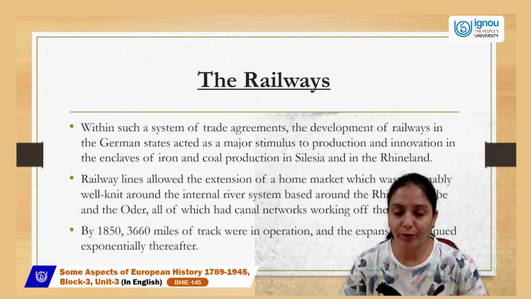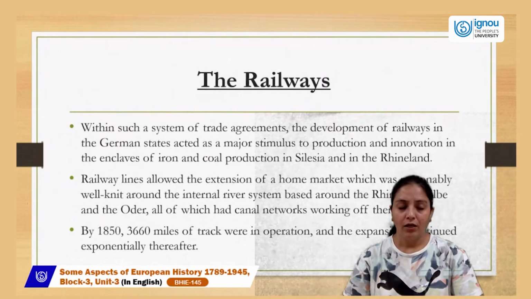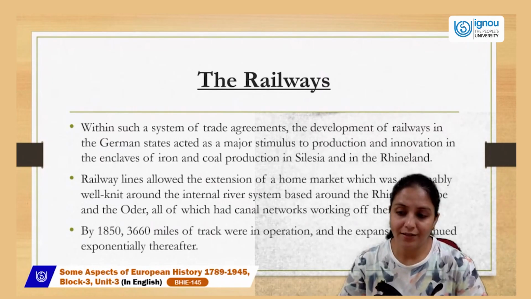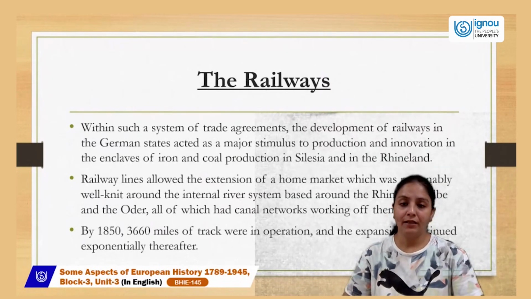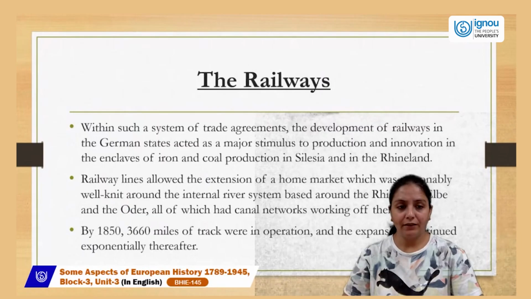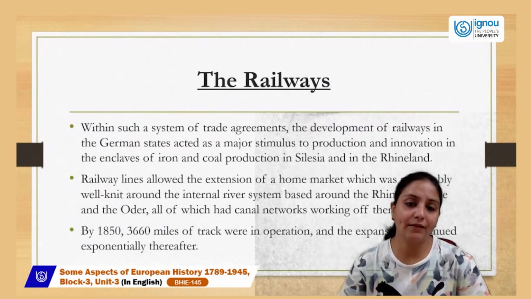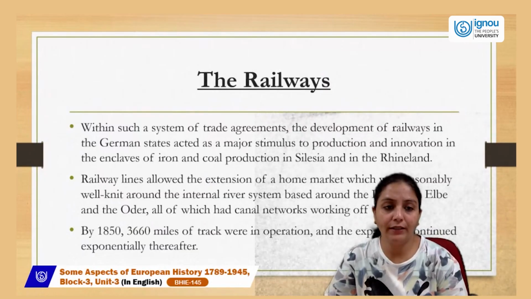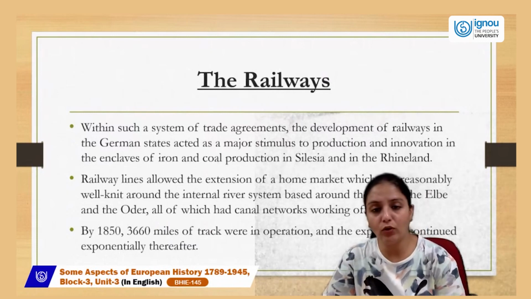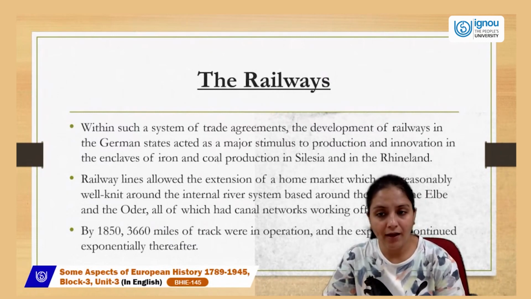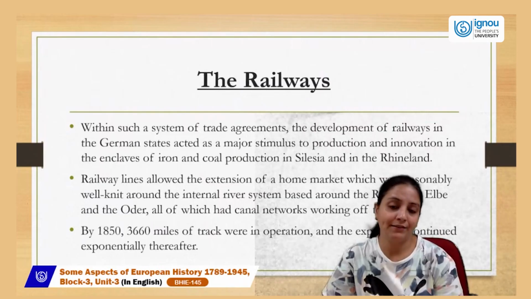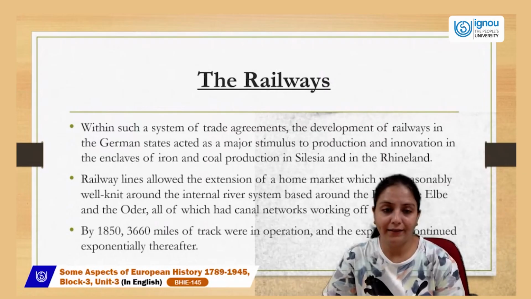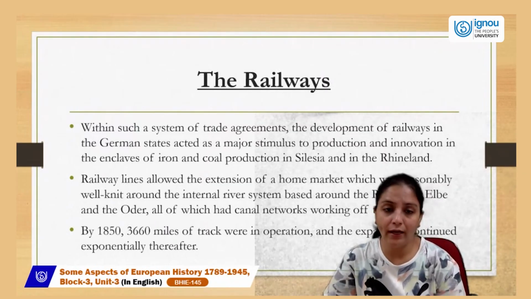Number one, within such a system of trade agreements, the development of railways in the German states acted as a major stimulus to production and innovation in the enclaves of iron and coal production in Silesia and in Rhineland. What was that? The production of coal and iron.